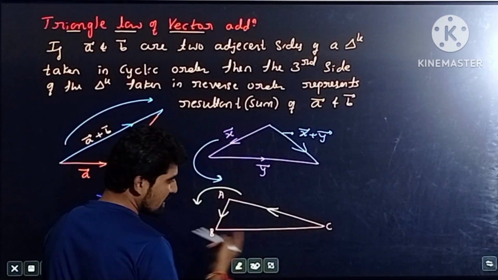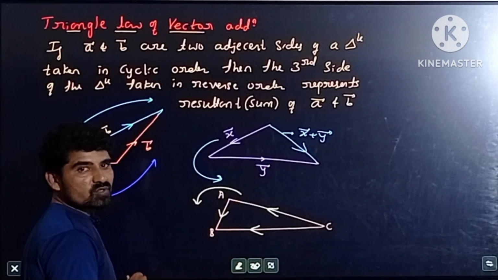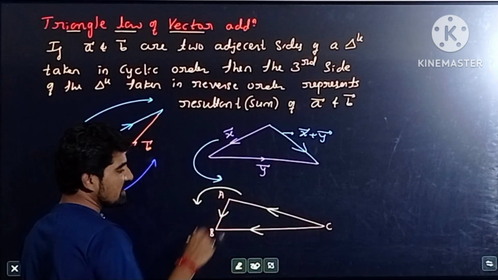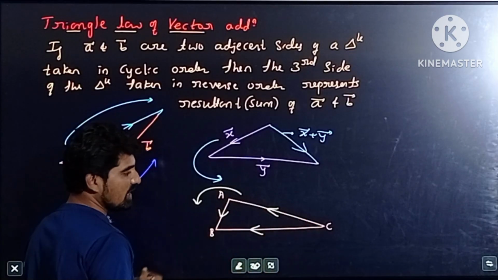Then the third side of the triangle, CB, taken in reverse, represents the resultant of these two vectors, CA vector and AB vector.